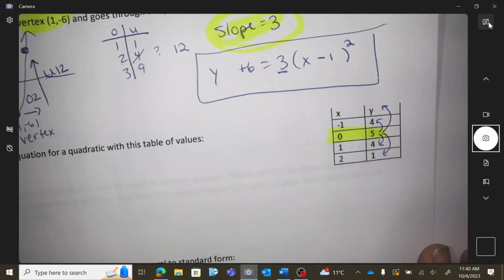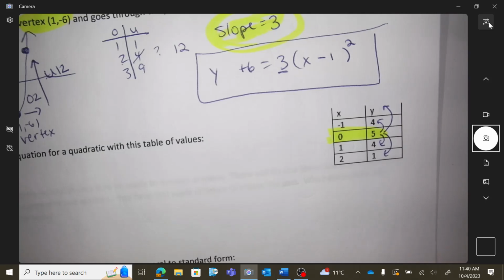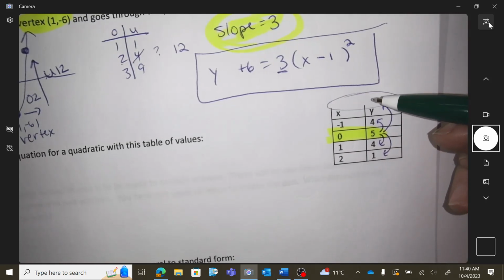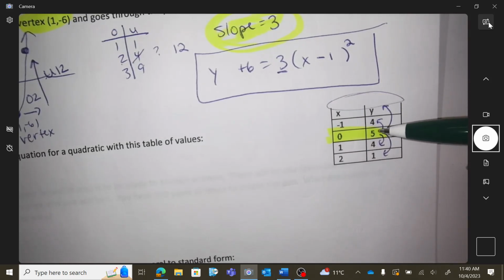And I picked 0, 5 because I saw that there was a 4 and a 4 on the sides of it. So that was the symmetry giveaway. What would be a coordinate up here if I kept my chart going up?